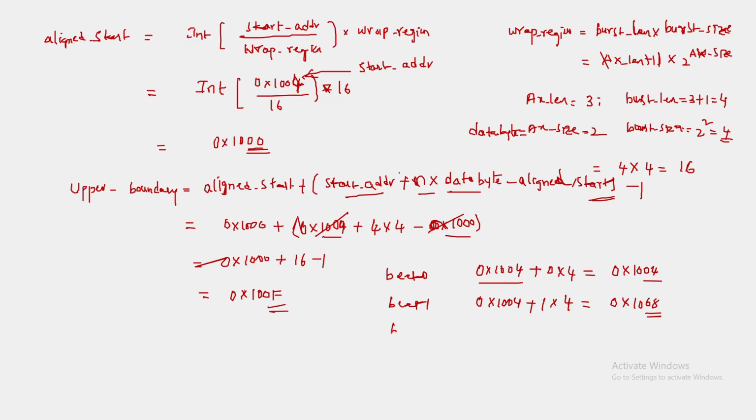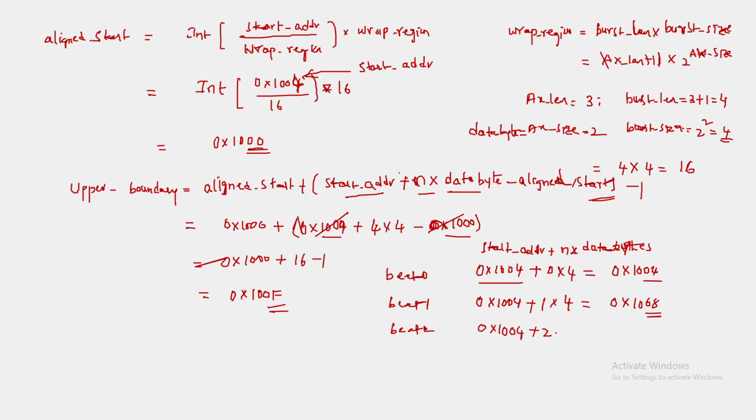And also beat 2. How will we calculate beat 2? Again the start address 1004 plus n into data bytes, this is the formula.